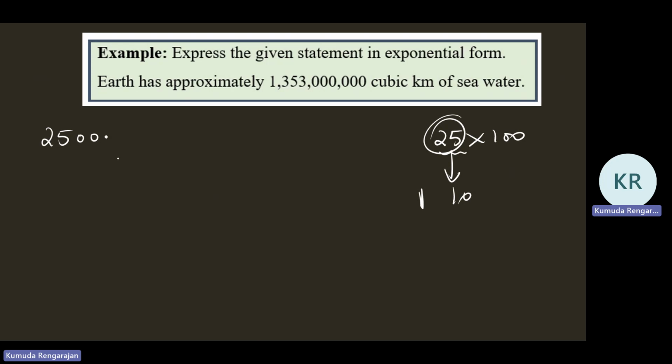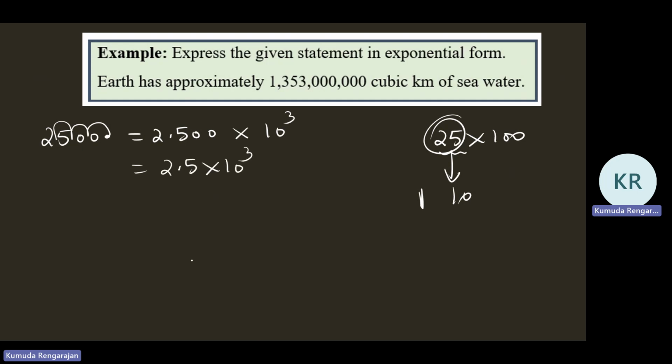When the number does not have a decimal point, the decimal point is at the end. So 1, 2, 3, 3 places you move. So this becomes 2.500 into 10 to the power 3, or you can write it as 2.5 into 10 to the power 3.